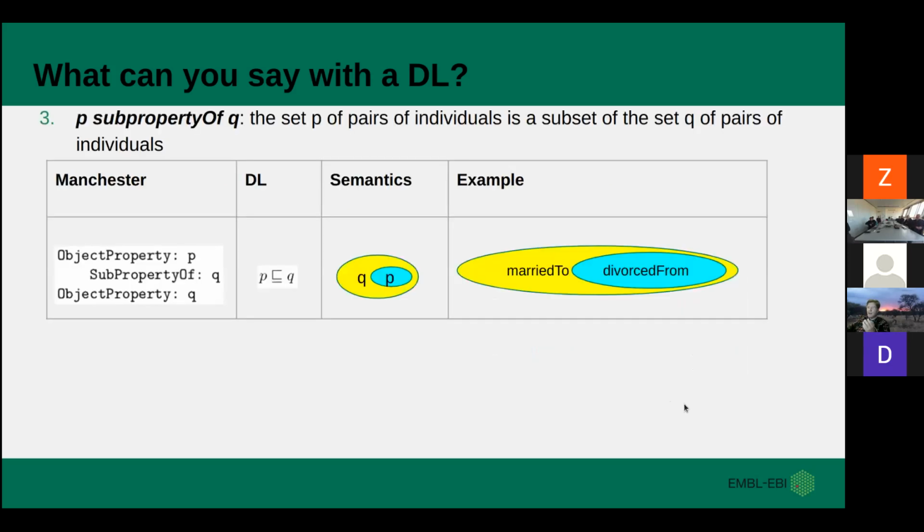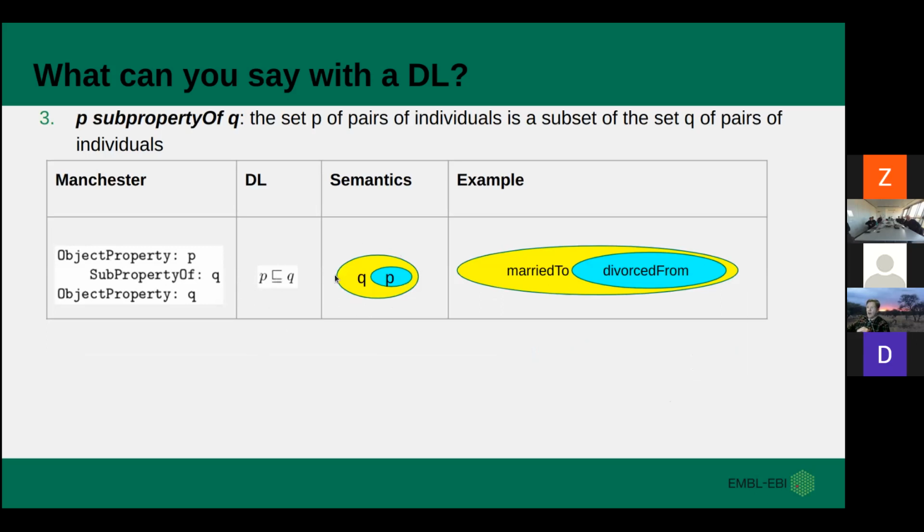Okay, then you can have P subproperty of Q. So this is now where you have pairs of sets. In this case, this is the Manchester syntax, again the DL syntax.